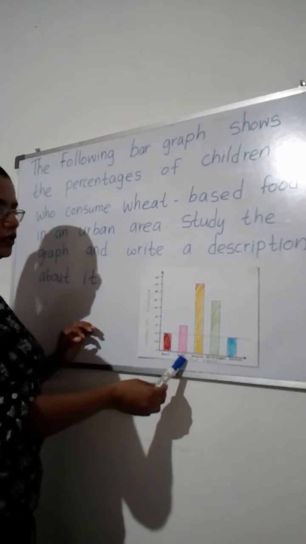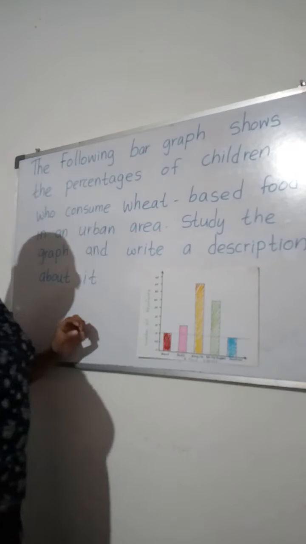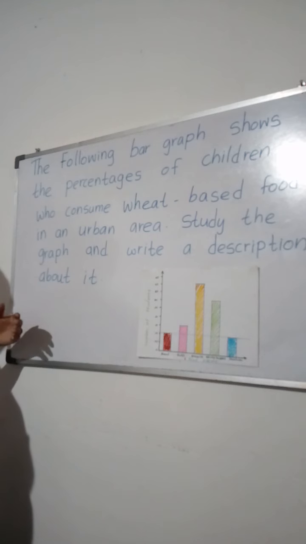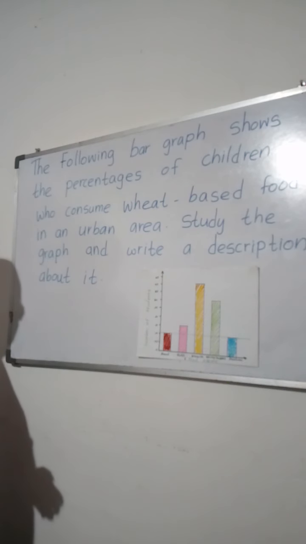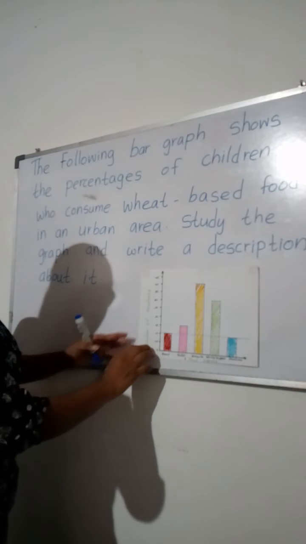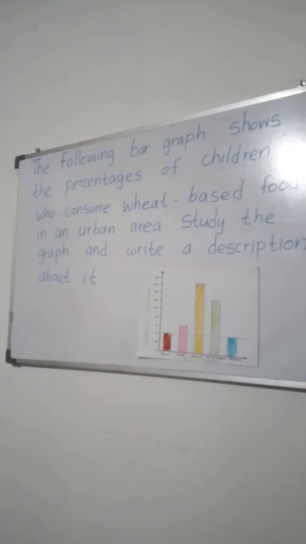This is bread, roti, biscuits, string hoppers, pastries. Read the question carefully, then we can write a description. Okay, I'll give you 1 minute to write down this question in your books. Then you can describe the things in this bar graph.